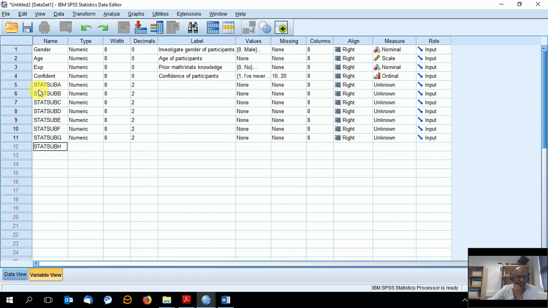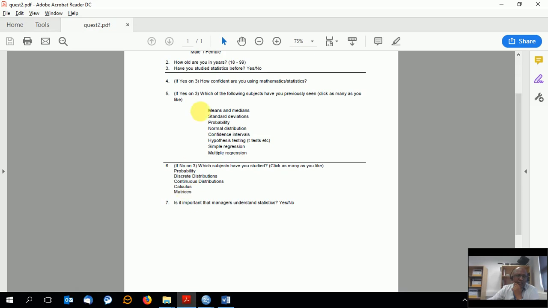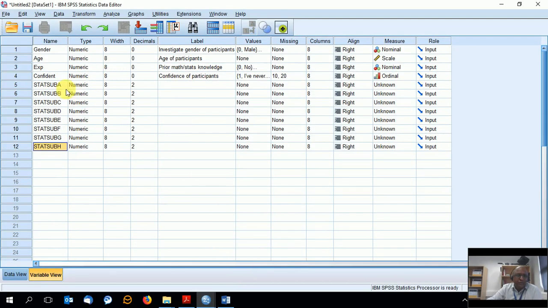So that's just my question number 5 split into 8 parts. That's because I have 8 sub questions, or 8 options to select from, and I can select all 8 of them. That's the instructions here. So like I said, don't be rigid, don't try to keep them all as one variable. Make sure you understand what I'm doing here. I've decided to split these options as subsections, right? So all will be 0.